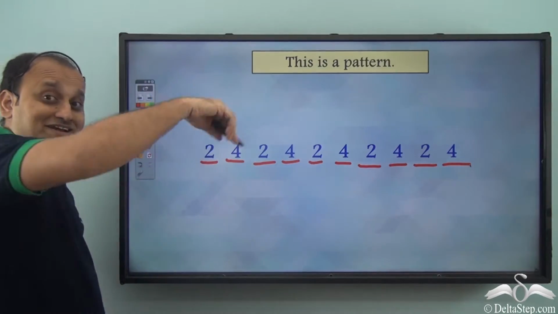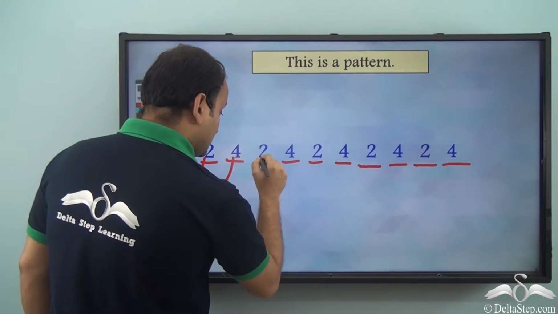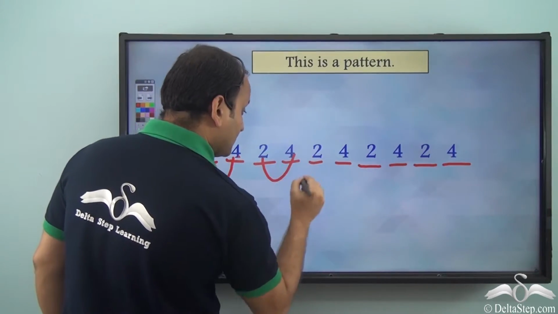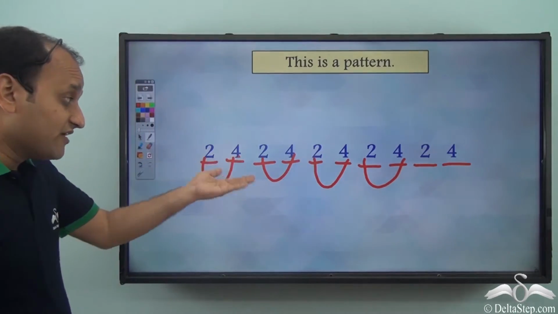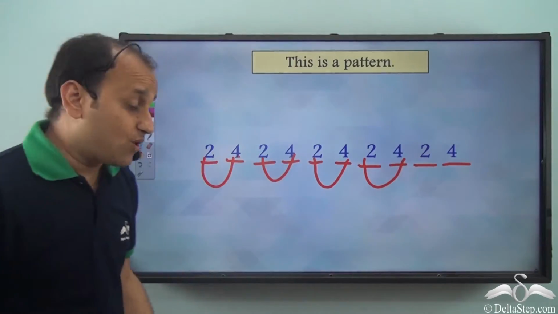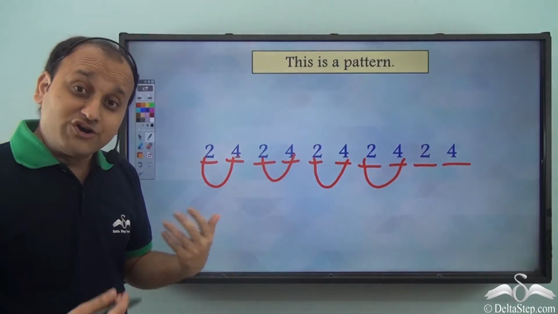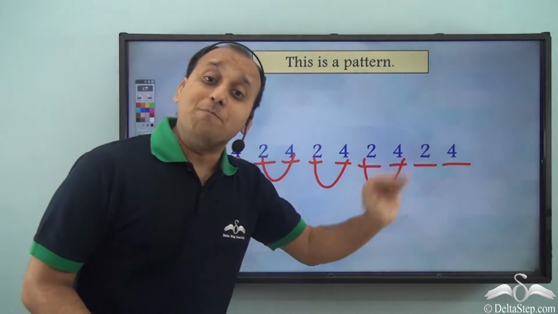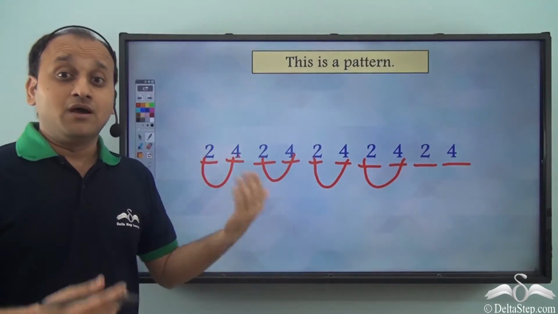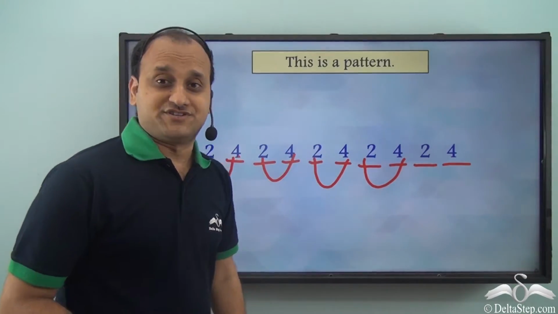So isn't it a repeated design? 2, 4, 2, 4, 2, 4, 2, 4, and so on. So we have a repeated design, and that's why even this is a pattern. So not just shapes, even numbers show pattern. So we can have pattern both in terms of shapes as well as numbers.